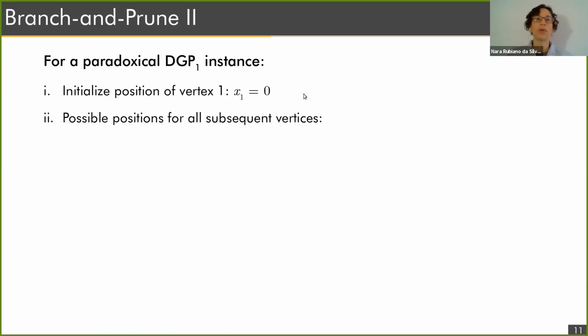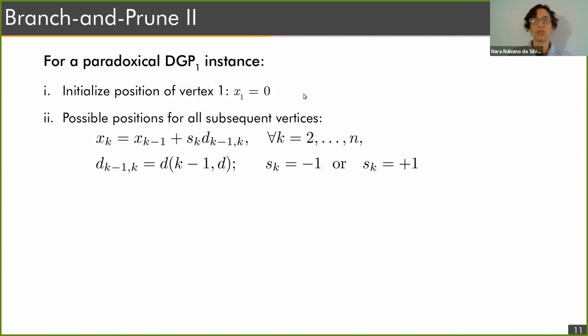Then we calculate the possible positions for all subsequent vertices by taking the position of the current vertex and summing it to a term that is the product of the distance information and a constant s_k, which can take the values -1 or 1, depending on whether the new vertex will be positioned to the left or to the right relative to the previous one.